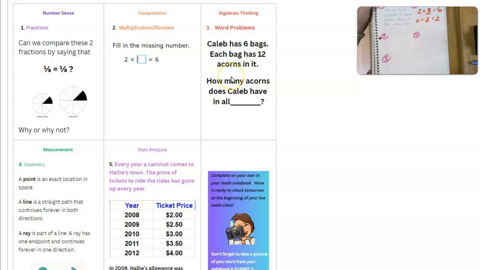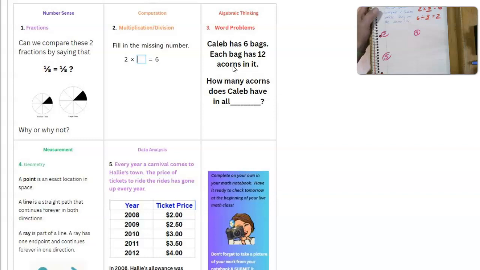Question 3. Caleb has 6 bags. Each bag has 12 acorns in it. How many acorns does Caleb have in all?